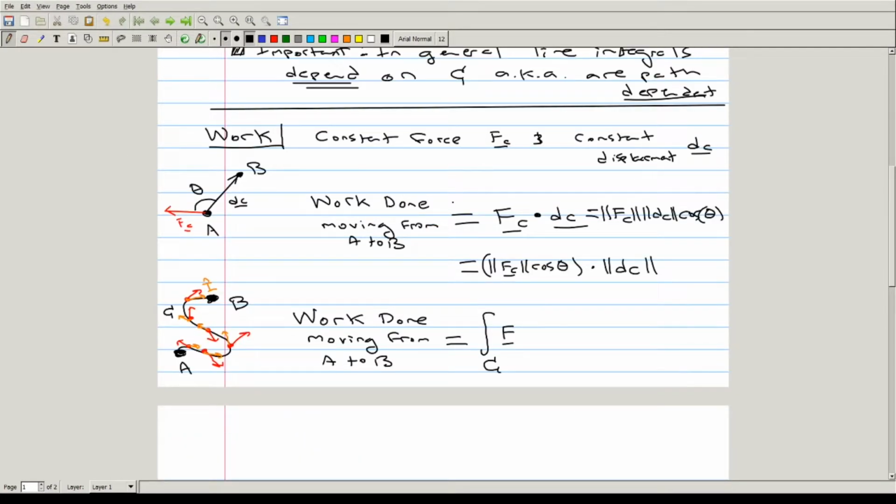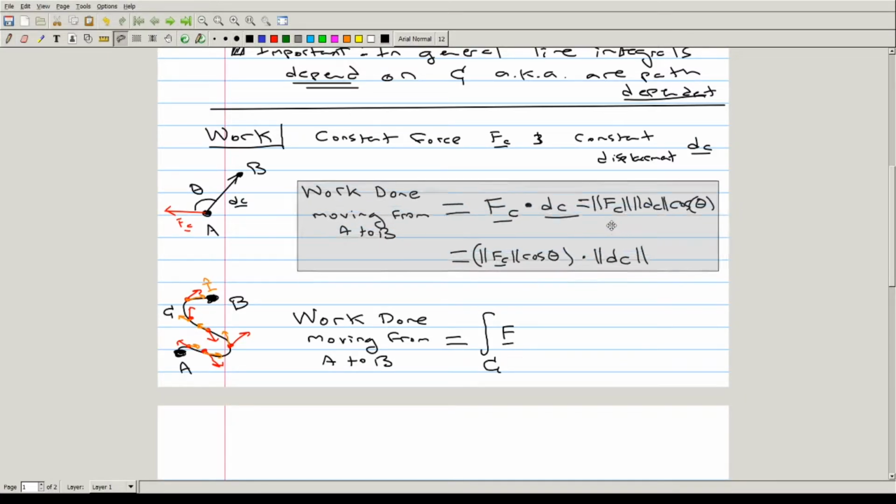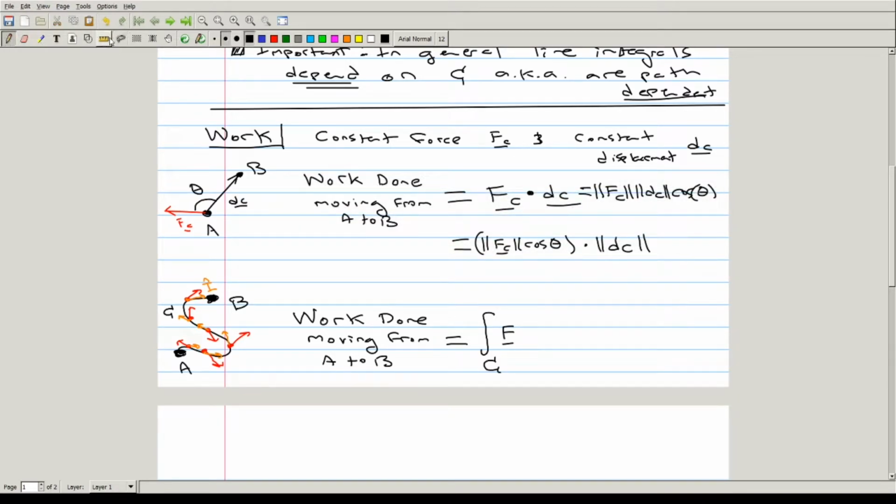this is the case of constant force and constant displacement. This is the more general case of a non-constant force field, F of r, and also a possibly very complicated path. We'll parameterize this by r of t.